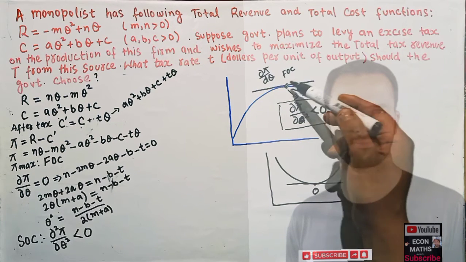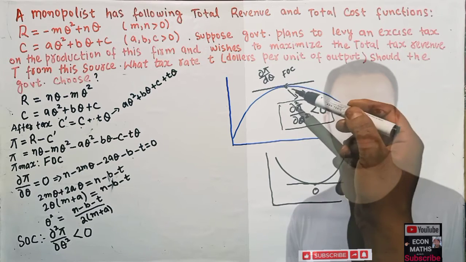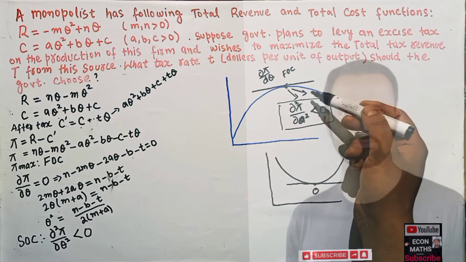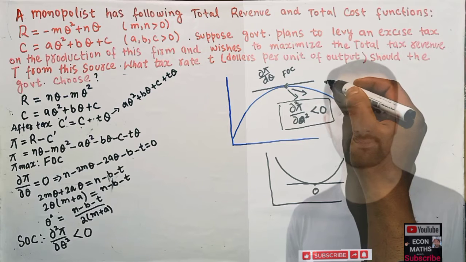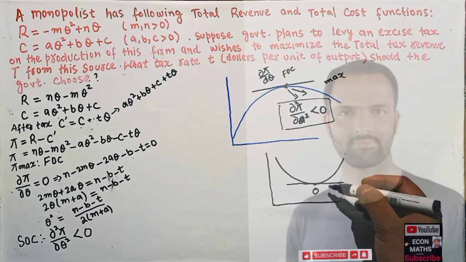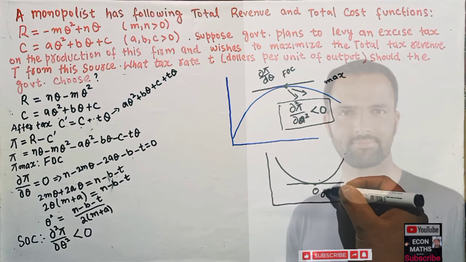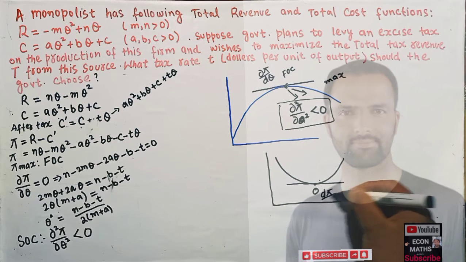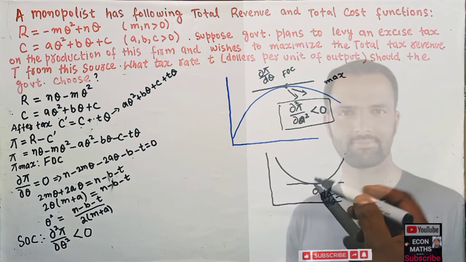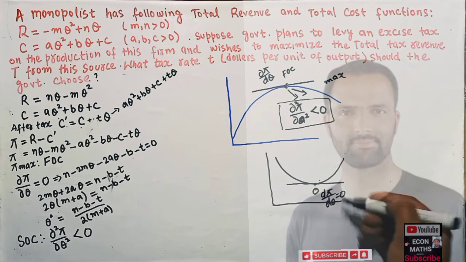To differentiate whether this point is minimum or maximum, we take the second derivative. If the second derivative comes out to be negative, then we have a maximum value. If it comes out to be positive, obviously, let me write here, if we have d pi upon dq, it comes out to be 0 at this point, and at this point it is also 0. This is the first order condition.